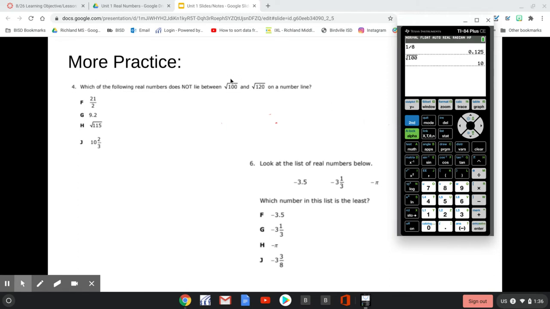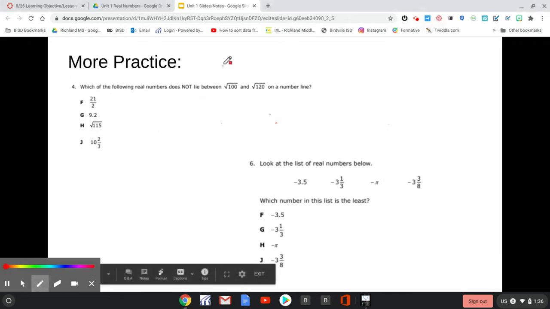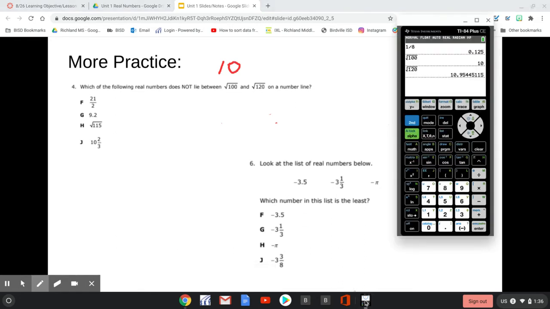We know this is a number 10, and the square root, second square root of 120 is 10.95. So let's write those up here. We know this is a 10, and this one was 10.95.